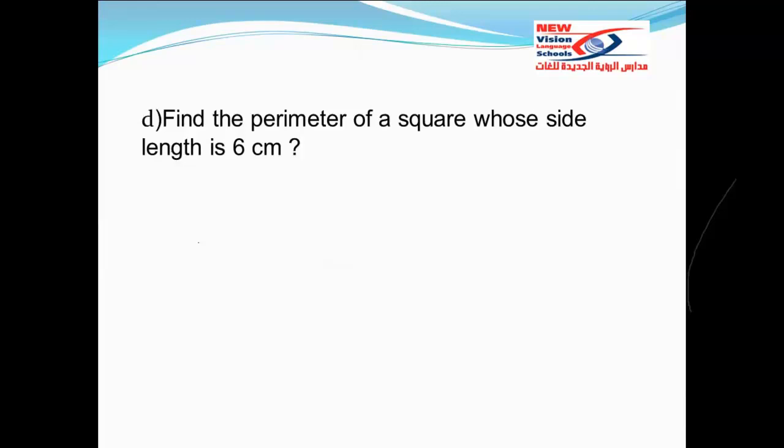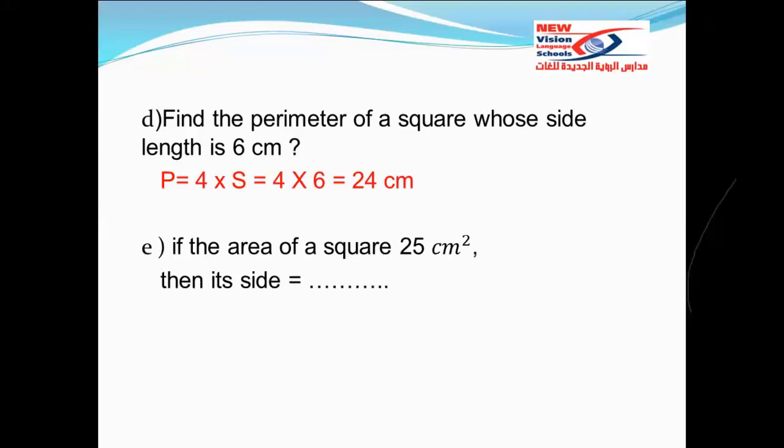Find the perimeter of a square whose side length is 6. Perimeter equals 4 times side. Excellent. Then 4 times 6 equals 24 centimeters. Okay?